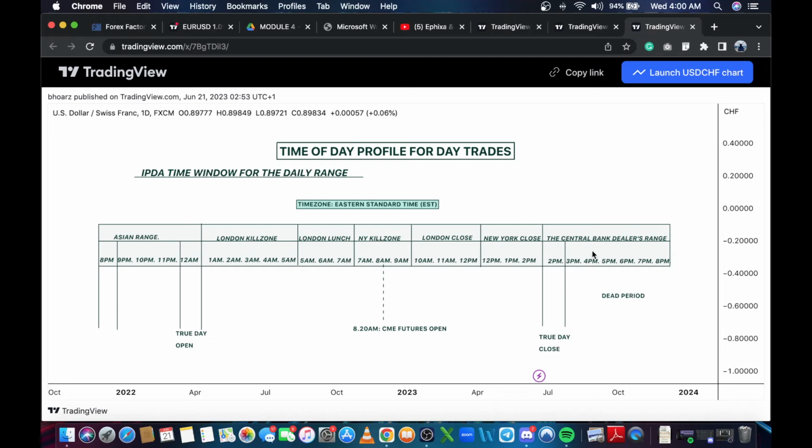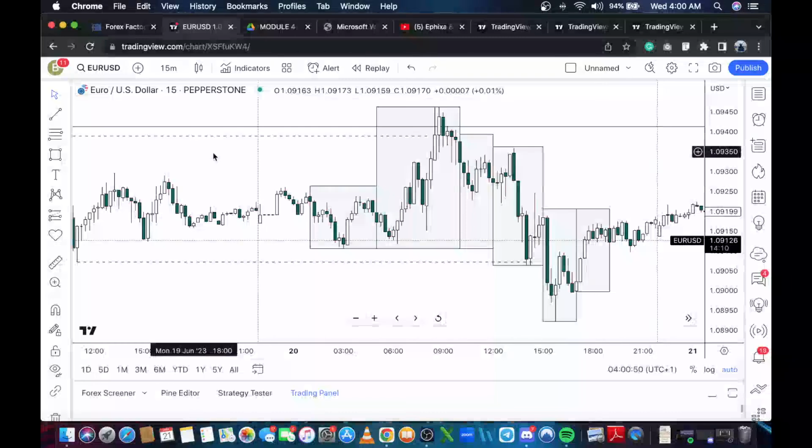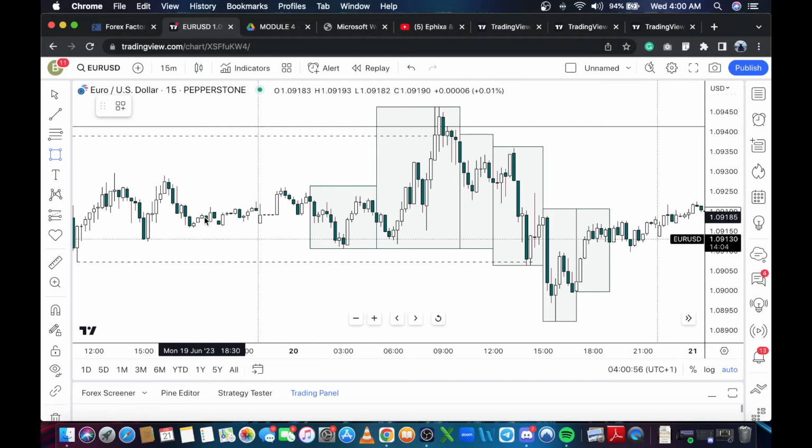And then the central bank dealers range, which is a different topic, that's the next topic we're actually going to cover in the next video. That is 2 p.m. to 8 p.m. That is the central bank dealers range. So if you go back and look at 2 p.m. to here, that is the central bank dealers range.